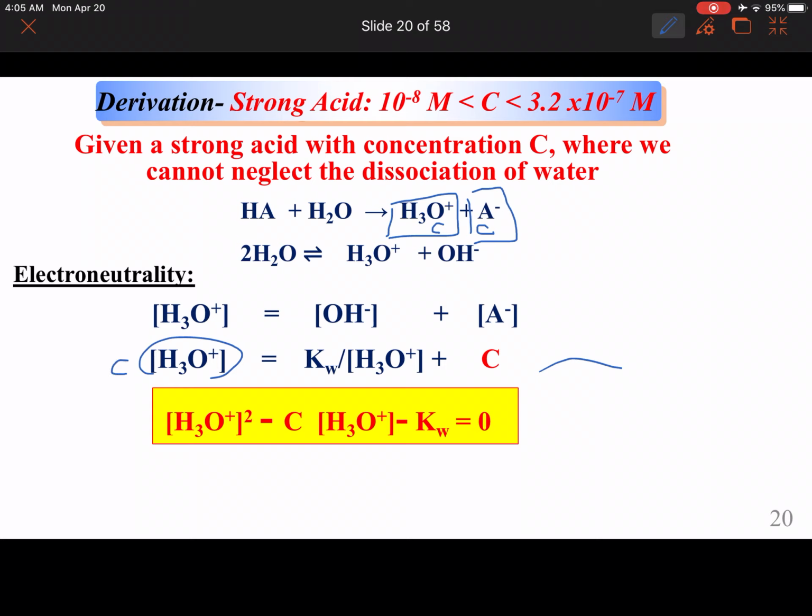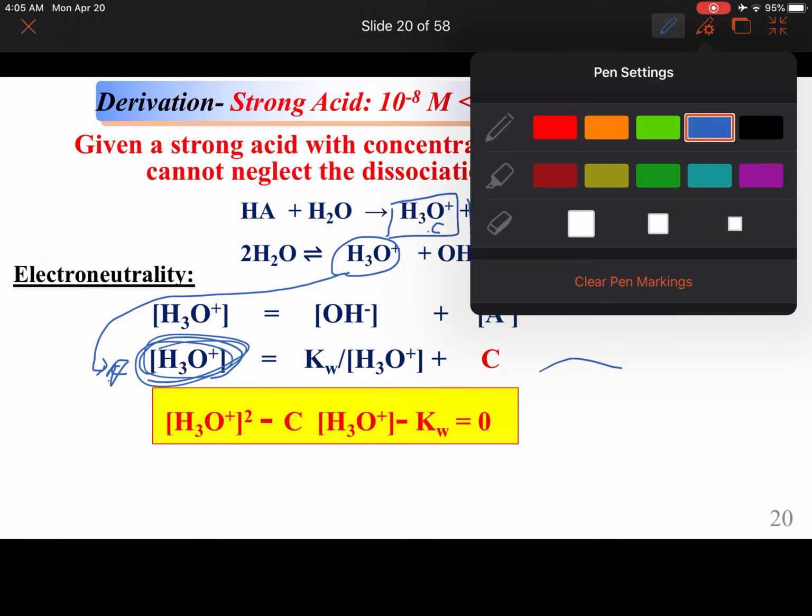Well, I was young then. Well, because the H3O plus doesn't just come from this acid, it also comes from the dissociation of the water. So this is actually a variable, okay? It's not constant because the dissociation of water is not constant. It's at equilibrium. And so I can't put C here, okay? Anyway.